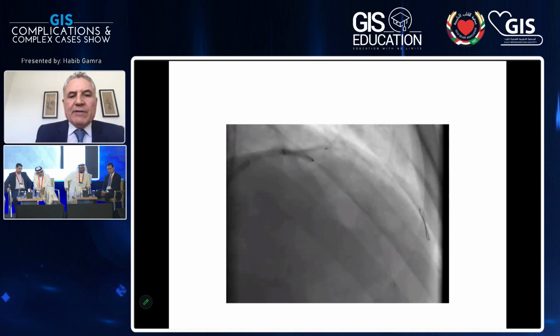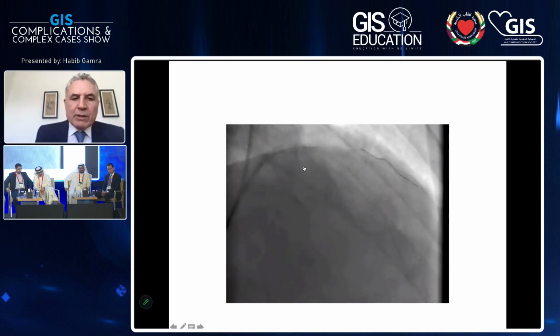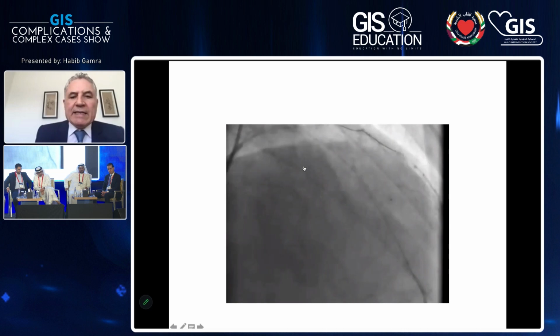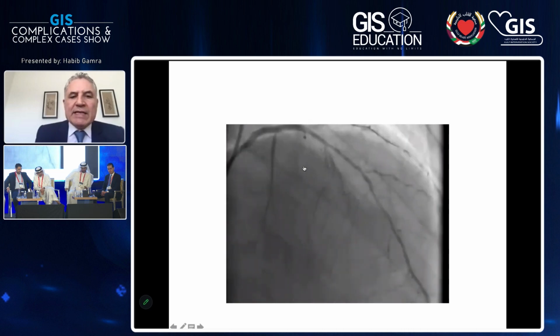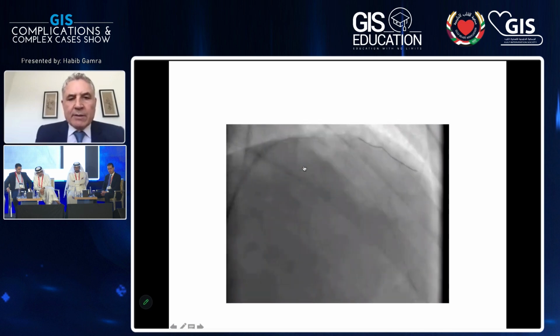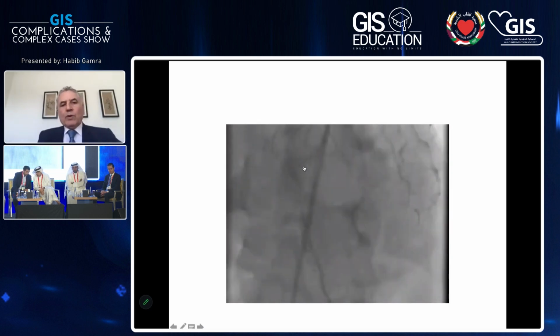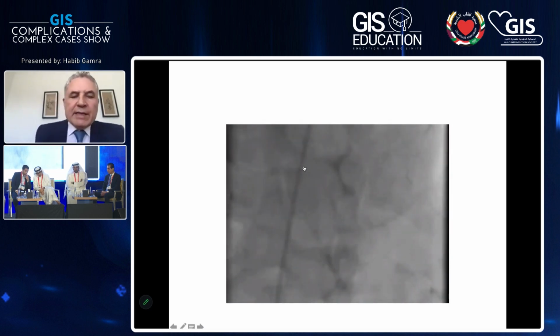He even opened a diagonal that was lost during the initial procedure, with an unacceptable result, but no stenting was performed because he did not find the spot where to stent. This is the final result in another view, and of course, it was a nightmare for the initial operators.